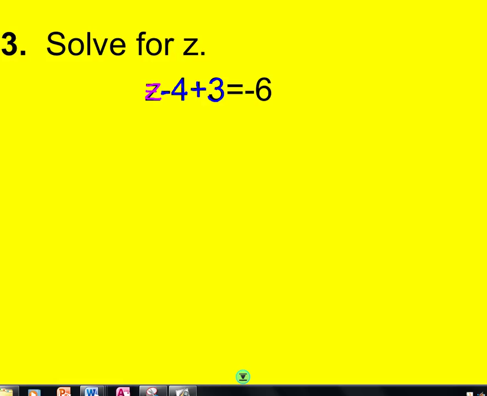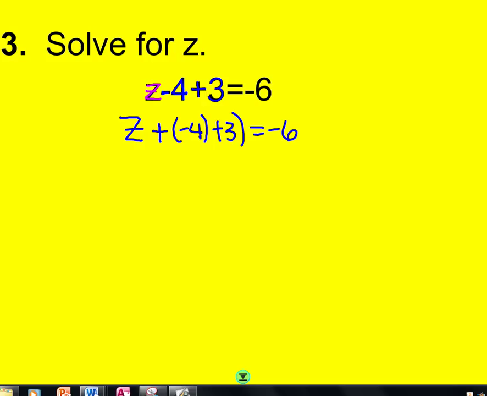So I can add these two numbers together to simplify my expression a little bit. So z minus 4 plus 3, well, that's the same as z plus negative 4 plus 3. Something that we talked about in class.